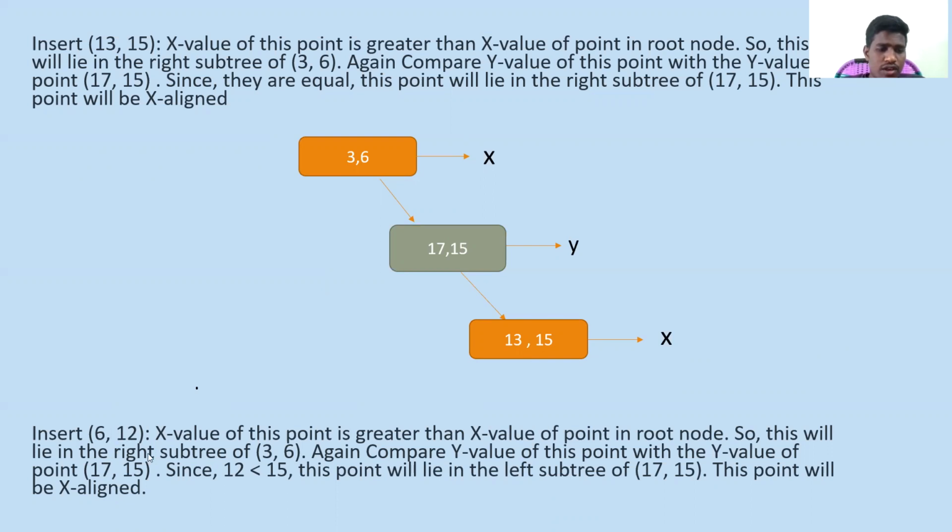Next, compare this 12 value with this 15, and this 12 is less than 15. It should be there toward the left subtree of this 17 comma 15. Yes, same as BST, but we have to compare here with x and y values.